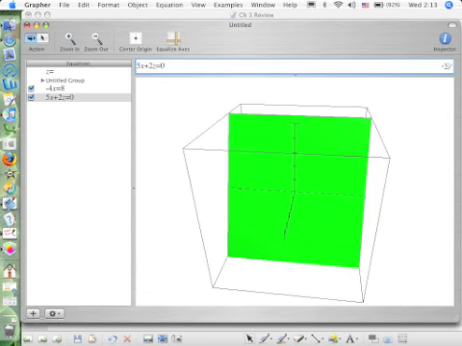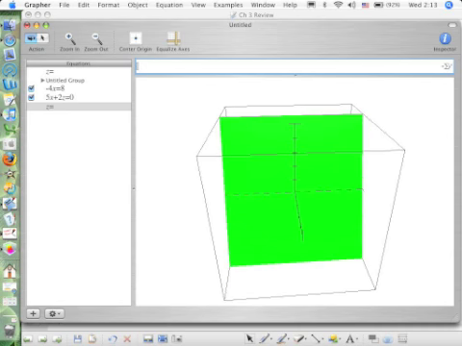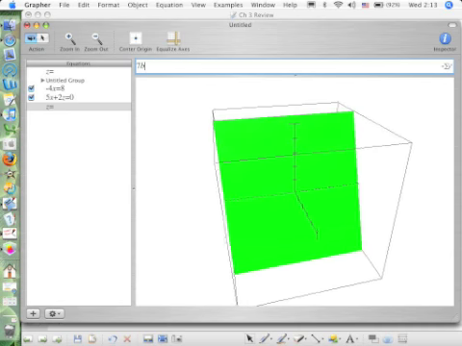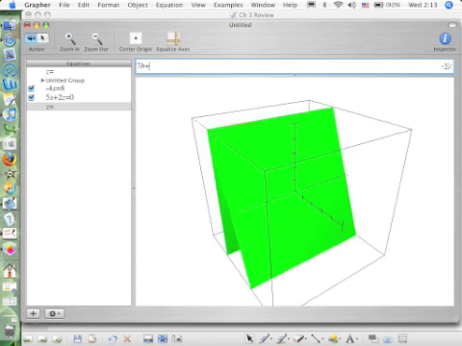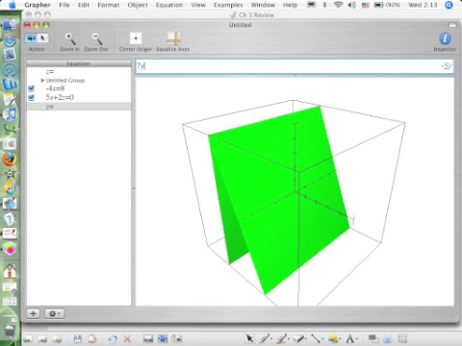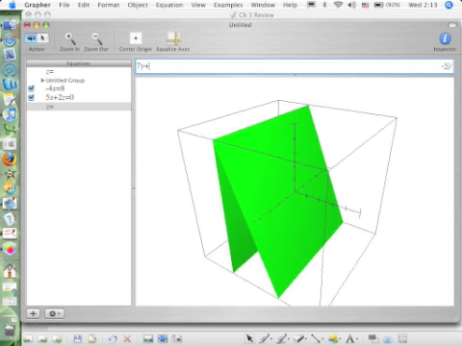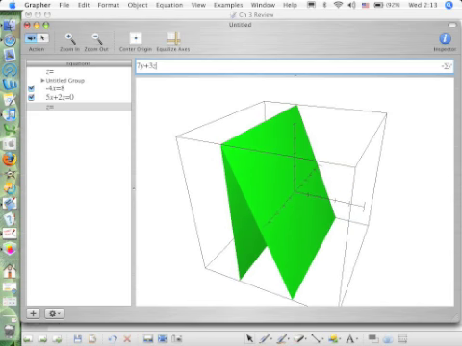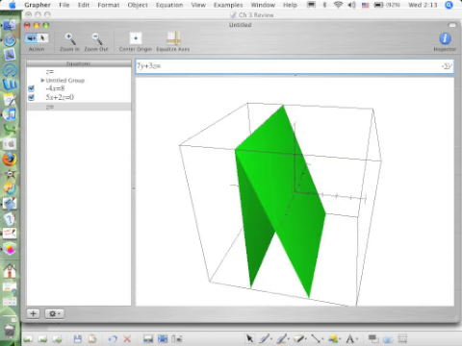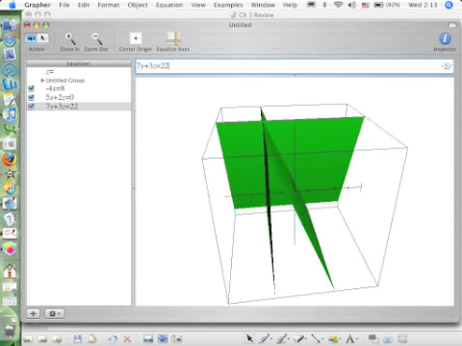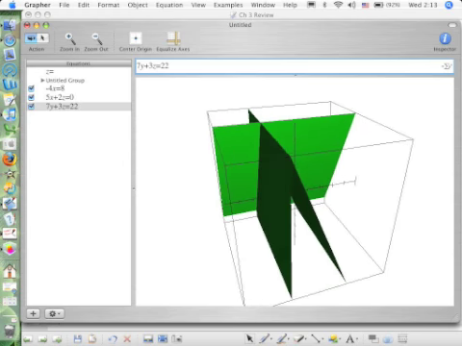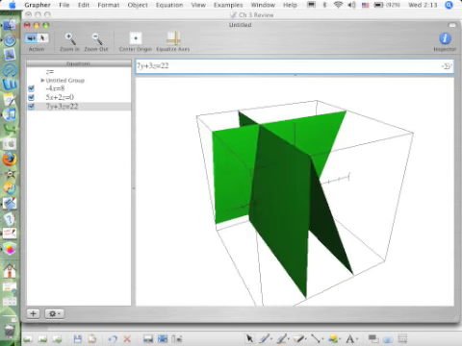And here was our third. Not B, that would be Y, plus 3Z equals 2. All right, so this is what we're dealing with, okay? This is why I'm not asking you to graph it.